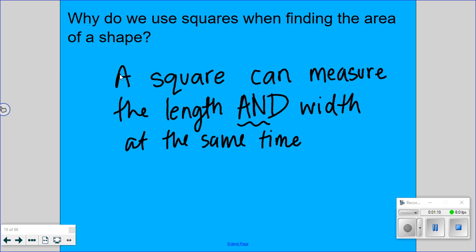When we're trying to find the area of a shape, we've got the length of a shape and the width of that shape. The reason why we use squares is because they already have those two measuring pieces built in.